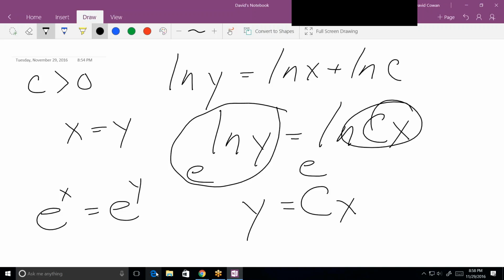I can place a base under each of those, and it's legitimate mathematically. I can place any base I want, say 17 to the x equals 17 to the y. In our example, it makes sense to use the base e, because when you take e to a natural log exponent, these cancel out and you end up with that.